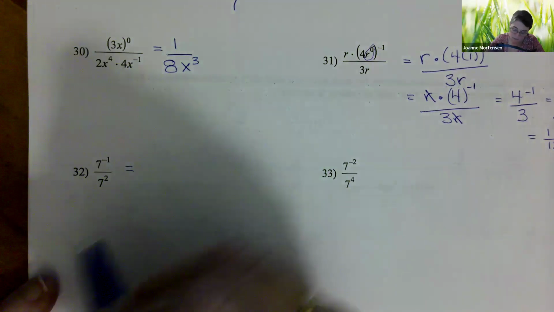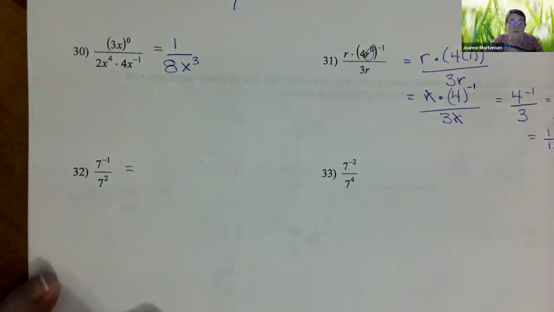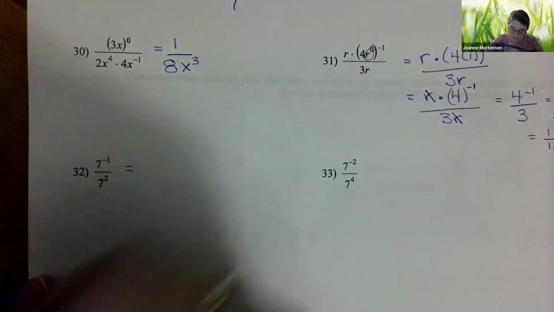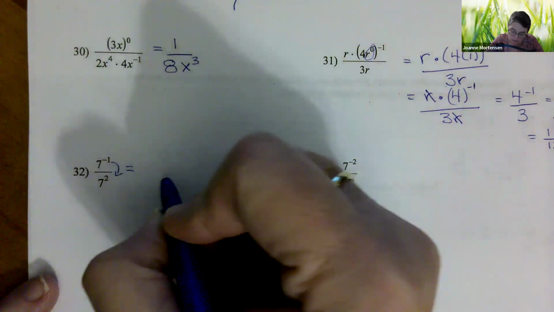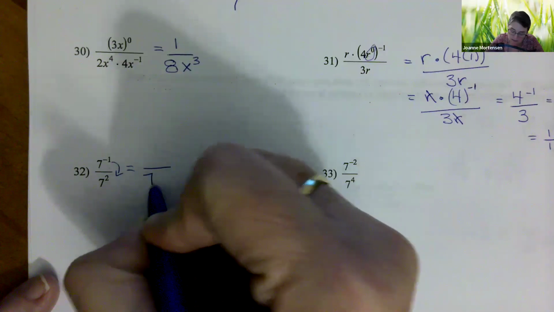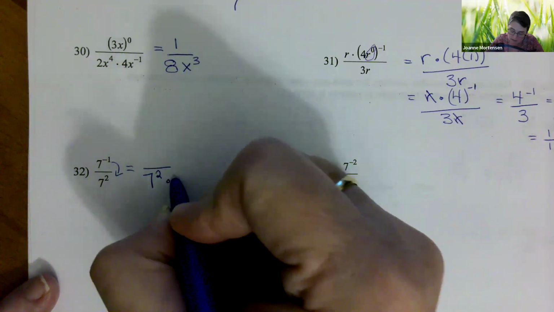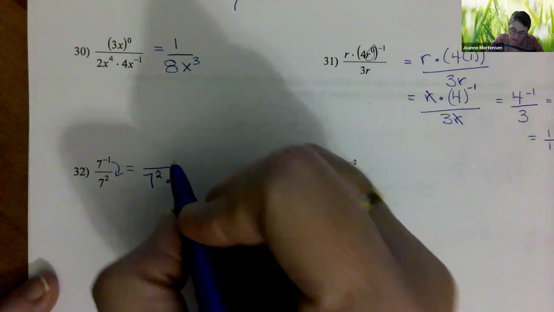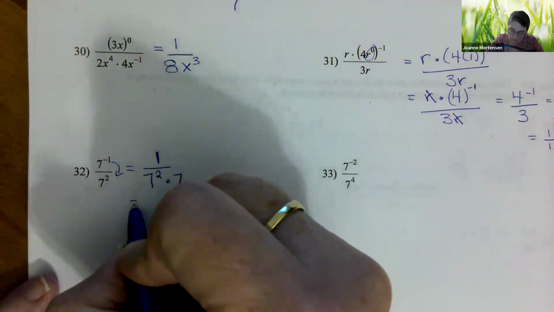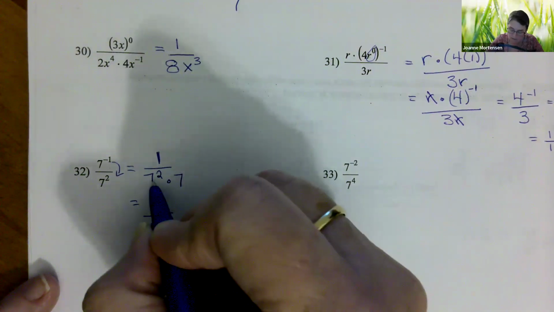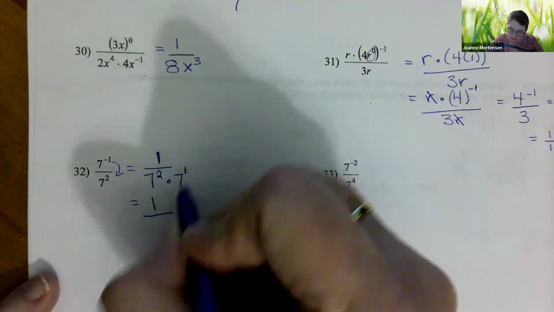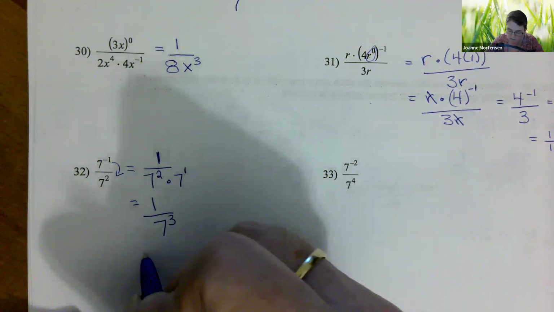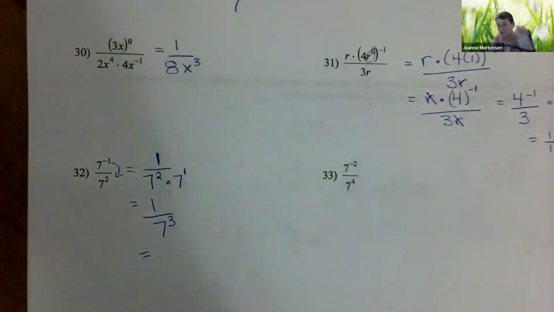I'm going to follow the rules. And I know the question says make it positive. So boop, I'm moving that down. I've got 7 squared. And then I've got 7, because this -1 becomes positive when it goes there. And I need a 1 on top. 1 over 7 squared times another 7. 7 to the 3rd. Now, the question is done.